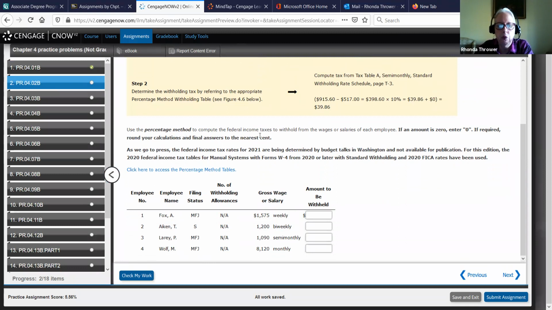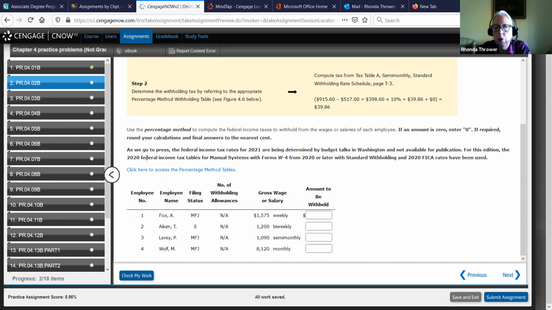You're going to use the percentage method to calculate your federal income tax that will be withheld from the wages. And in this problem, we're just going to put down the amount that's withheld, but we're not going to have to put in a minus sign in front of it. We're just going to calculate the amount that would be withheld using the percentage method.